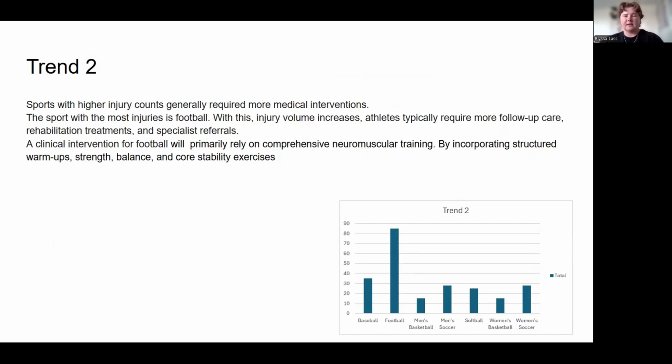For example, if an athlete is playing this sport all 4 years of high school or 4 years of college, how the injuries look on a more long-term scale, versus this, which was a little bit more on a shorter scale. That is a data gap that I was very interested in looking into at some point as well.